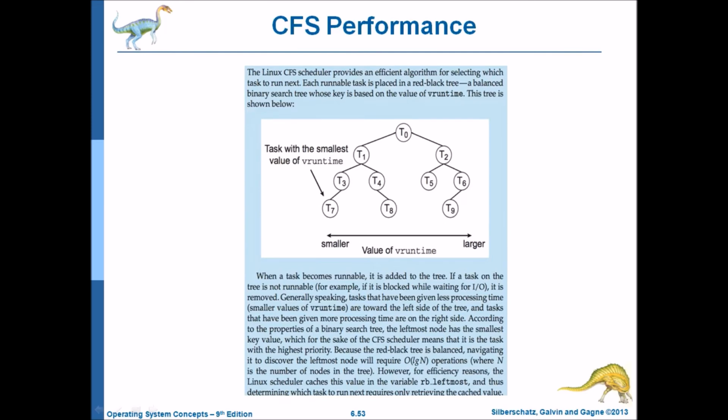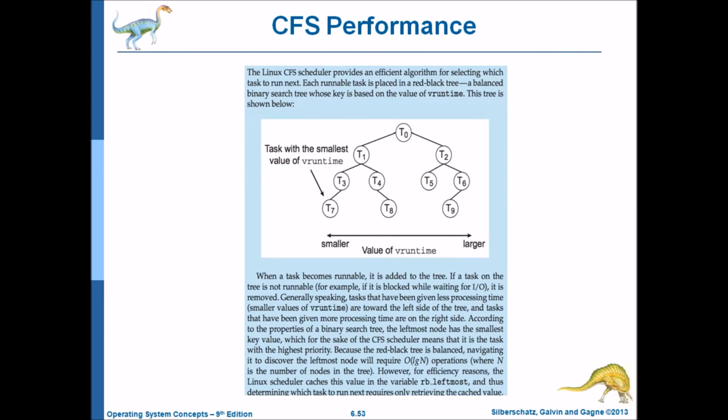Each task is placed in a red-black tree, which is a balanced binary search tree whose key is based on the value of vruntime, as shown in this figure. When a task becomes runnable, it is added to the tree, and if the task is not runnable, then it is removed.